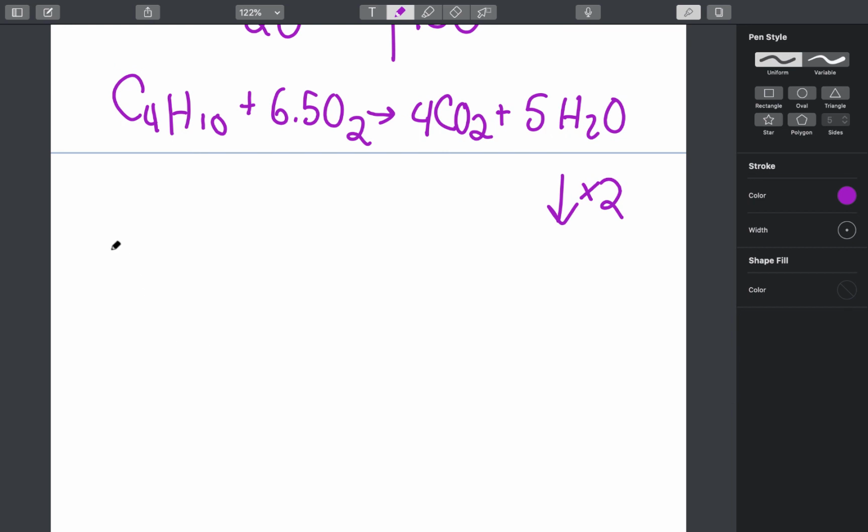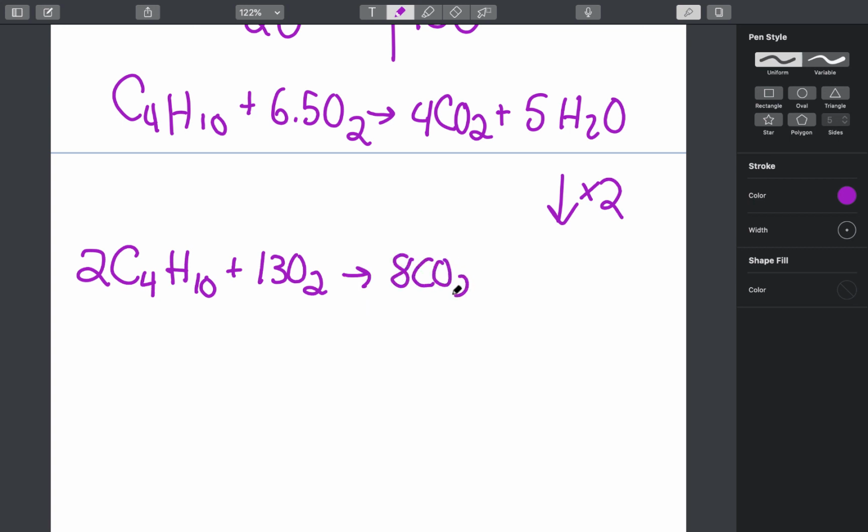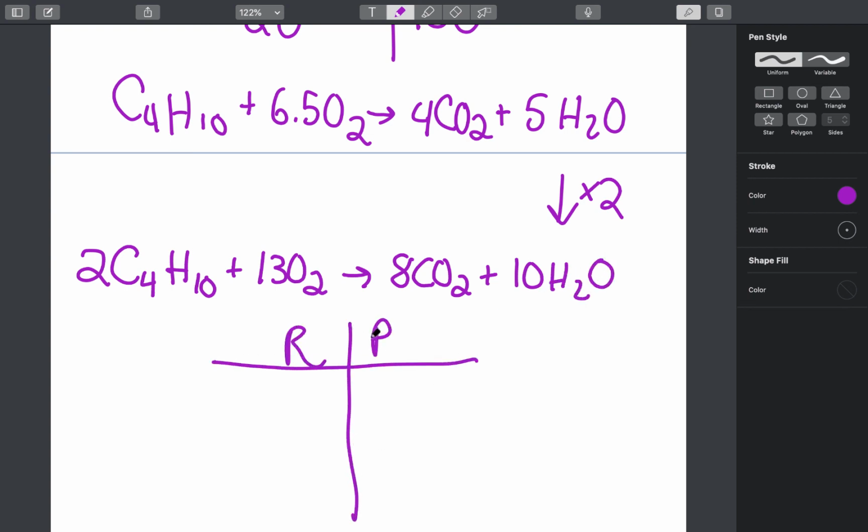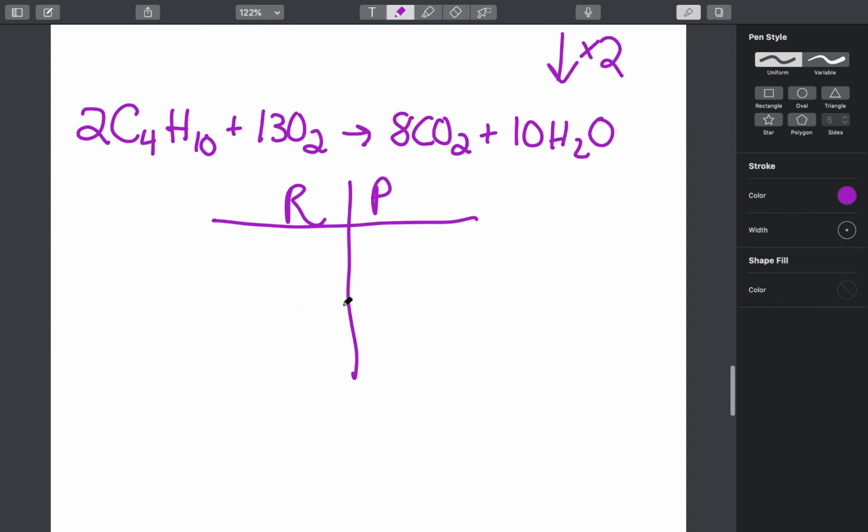So therefore we get 2C4H10 plus 13 O2 goes to 8CO2 plus 10H2O. So now let's see if we have balanced reactants and products. So we have 8 carbons, right? And then we have 20 hydrogens.